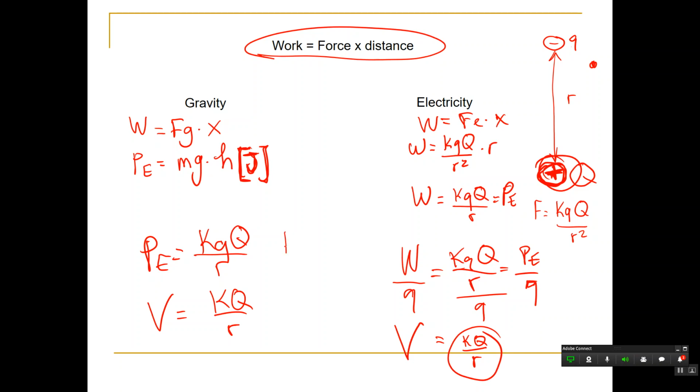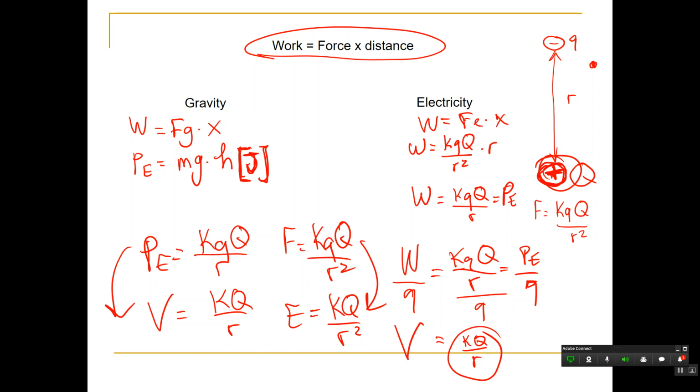We have force, which looks like KQq over R squared, and we have electric field, which is KQ over R squared. All right, do you guys see the parallel between these two and these two?